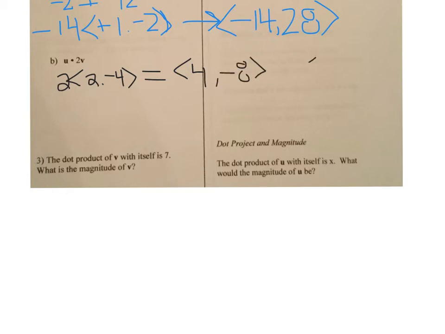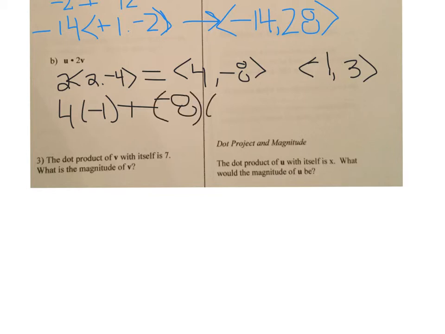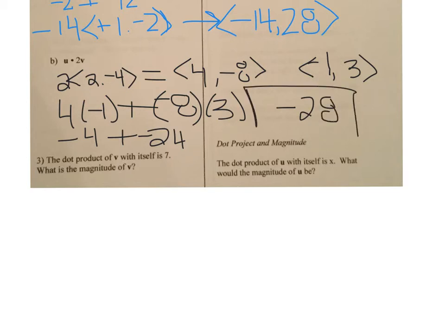And then vector u was negative 1, 3. So I'm going to dot product them. So 4 times negative 1 plus negative 8 times 3. So this is negative 4 plus negative 24. And so the dot product here, when you add those two things together, is negative 28.